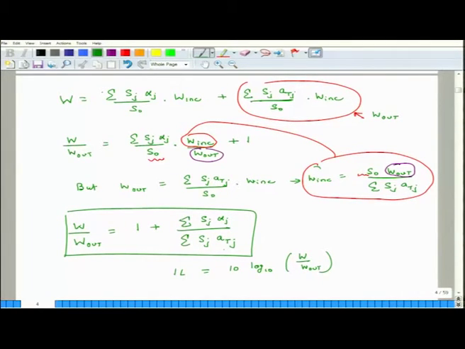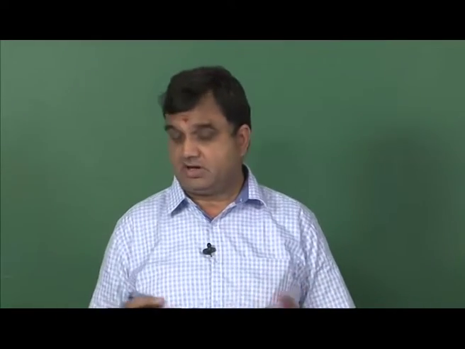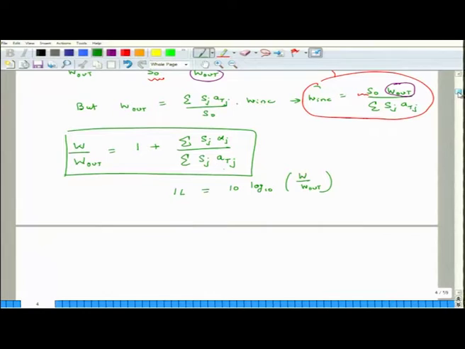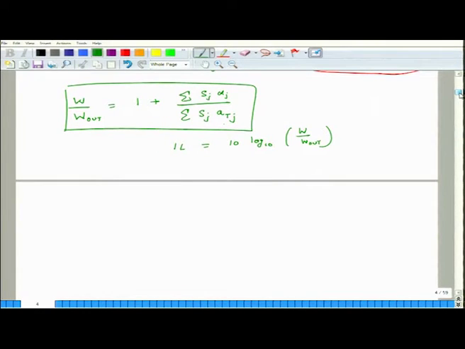Okay. So, the question is, how do we know the transmission coefficient and the absorption coefficient? Now, the absorption coefficient depends on the material, and based on the frequency and material of interest, we can figure it out from tables. The value of the transmission coefficient, how do we get this?